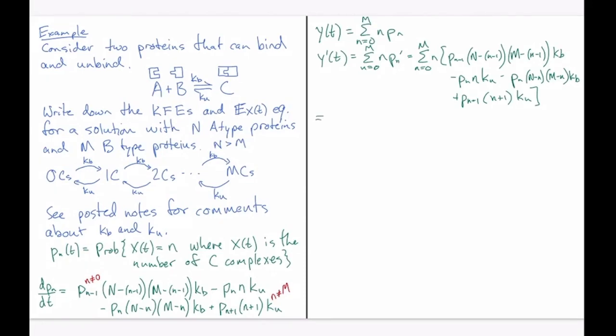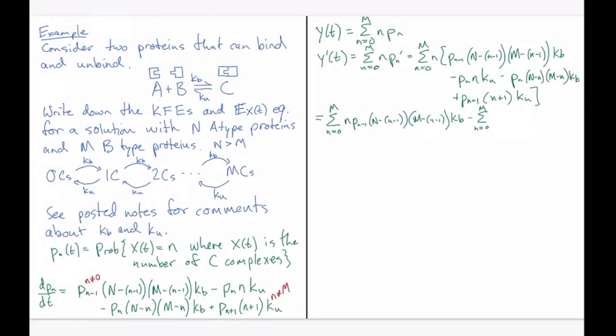So this is still y prime equal, and we get a sum from n equals 0 to M of n times P(n minus 1), (n minus 1), (M minus n minus 1), K binding, plus the sum from n equals 0 to M of, oh, I see, that should be a minus here, so let's change that to a minus sign right here.